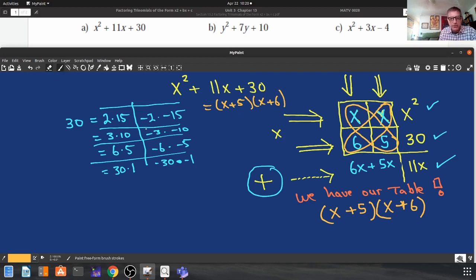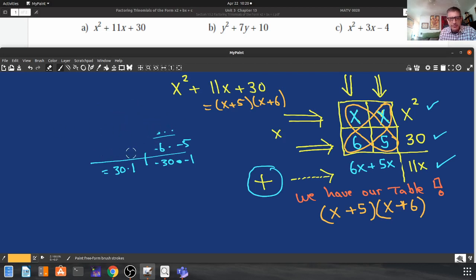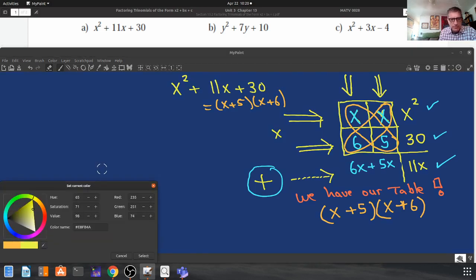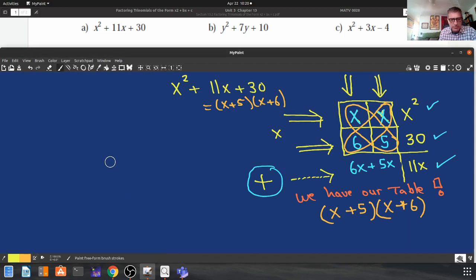Let's check to make sure that really is correct. The cool thing about factorization is you can always check to see if you have the right answer. So let's check. We're going to multiply out x plus 5 times x plus 6. Well, that's equal to x times x plus 6.